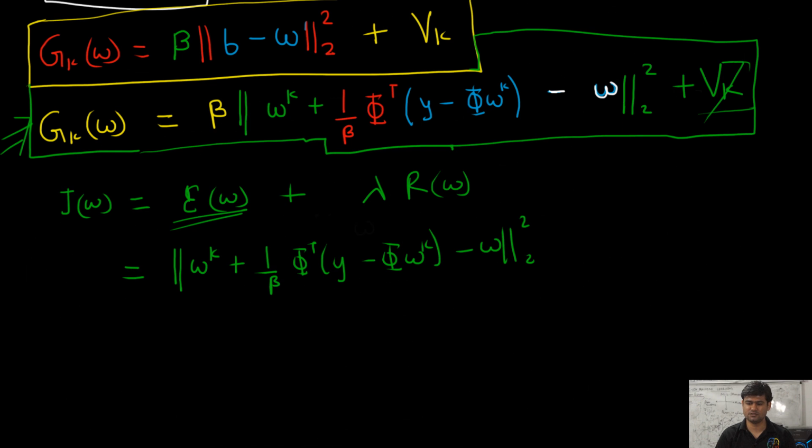We can just ignore it because it doesn't depend on w, and the second term would be lambda times R(w). So now we'll see how to minimize this. We will see a closed form solution for minimizing another function, and by combining this result and the next lecture, we'll finally arrive at the iterative soft thresholding algorithm.